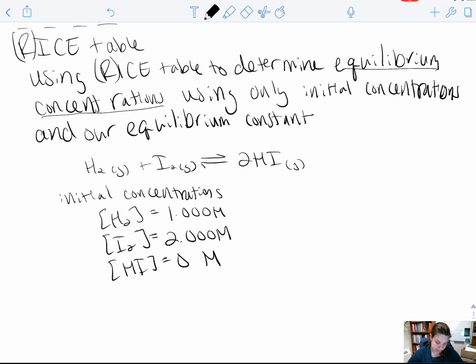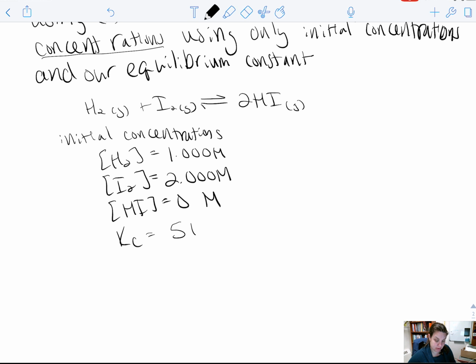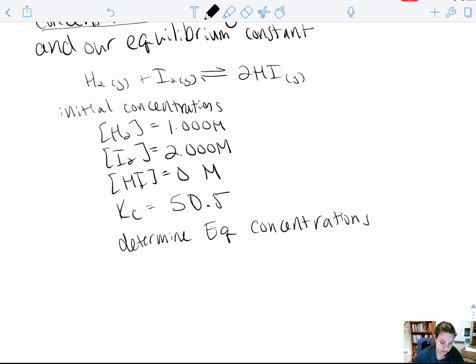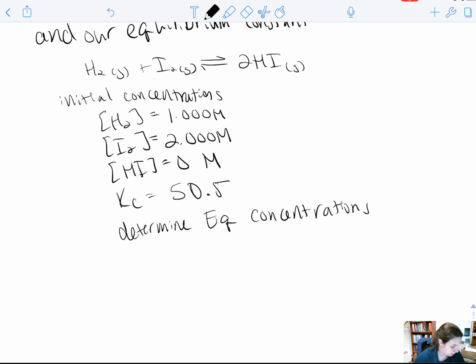So we start out with none of that. We also have a Kc value of 51. So we're going to take this information and determine our equilibrium concentrations. Actually, technically it's 50.5. I want to give it one more significant figure for this particular calculation. Okay, so let's do our ICE table.